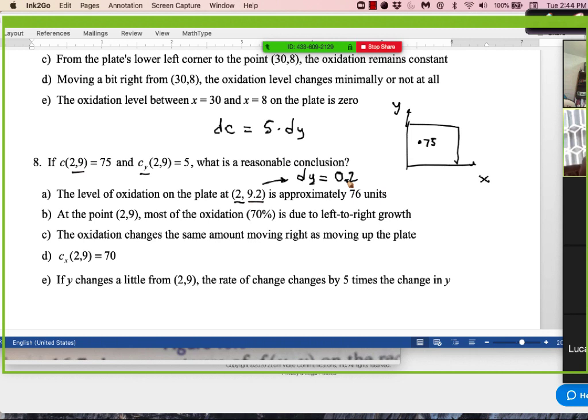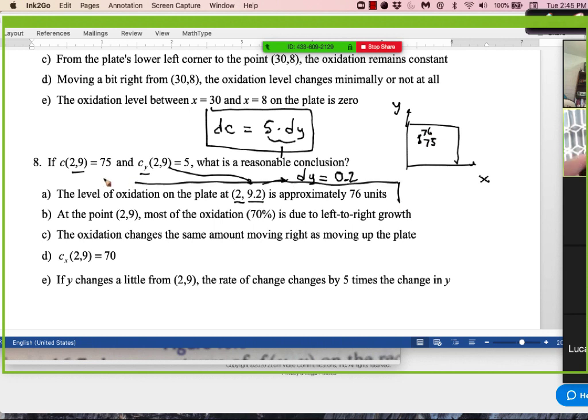So if dy is 0.2, then we can estimate the change in oxidation that you would get for moving from 9 to 9.2, which is 5, the rate of change, times that change in y. So 5 times 0.2 is equal to 1. So this rate tells us that our change in oxidation for a change of y of 0.2 would be 1. And so since it was 75 here, then it would be 76. So A is correct.